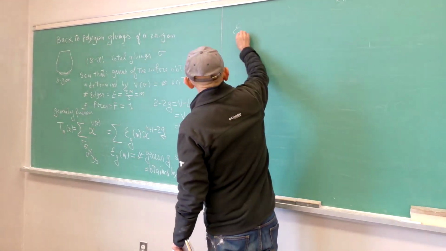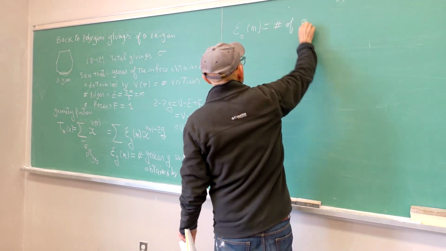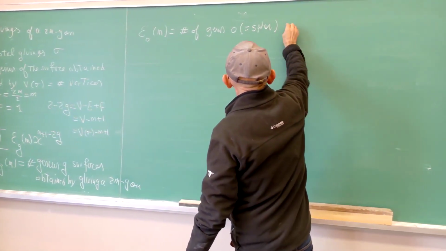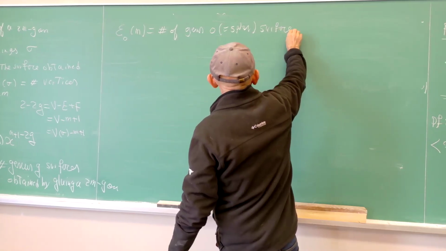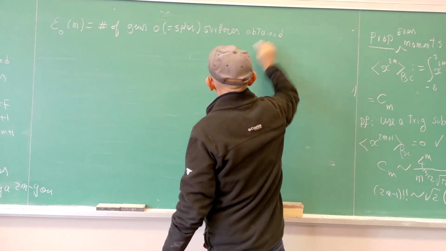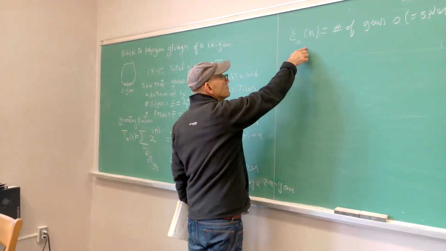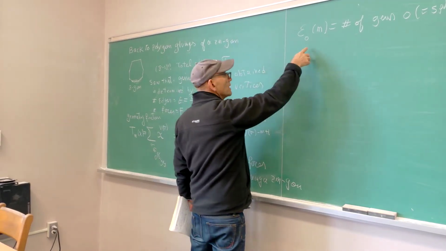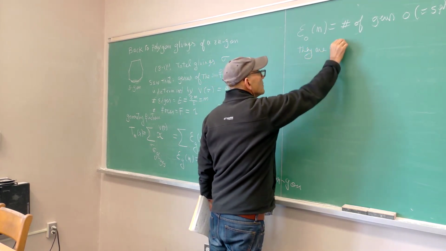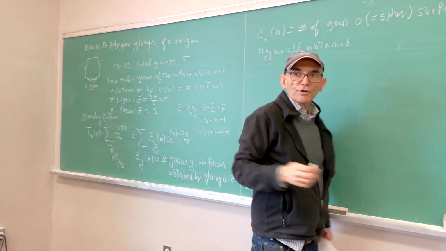So epsilon_0(m) is the number of genus 0, equal to sphere or planar, surfaces obtained, and we saw that in this case all are obtained from a non-crossing pairing.